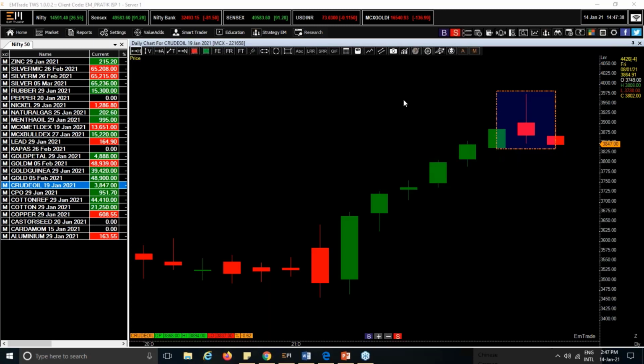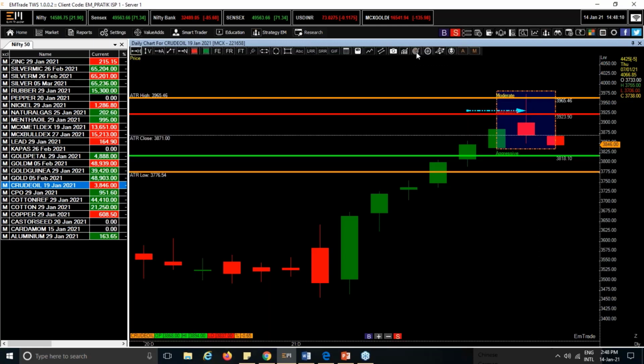Alan, Bhimrao, Mahesh and Tiger, what type of candle is it? Yes, Tiger, it's a selling pressure candle, because the wick is long compared to the body. If we find a seller pressure candle, we just click on the Fibonacci ATR.